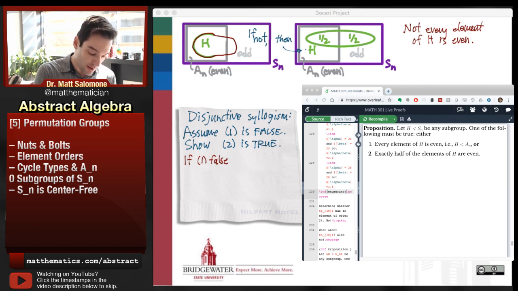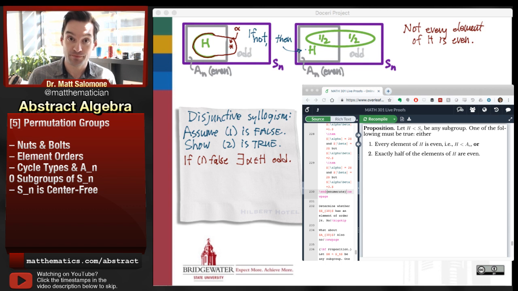I'm going to draw it like that to suggest that there is some element, let's call it alpha, some permutation that is a part of H that is not an even permutation. So if 1 is false, then there exists an alpha in H, which is an odd permutation, right?